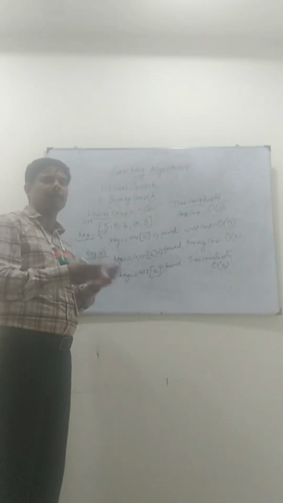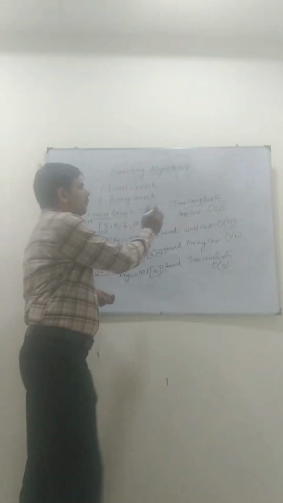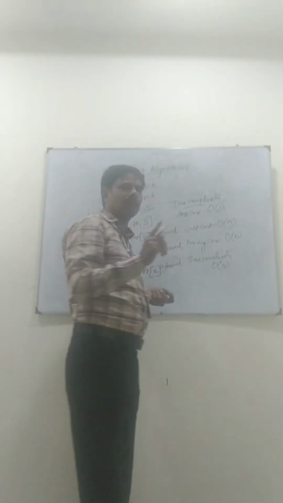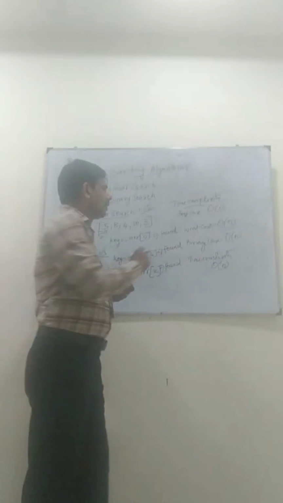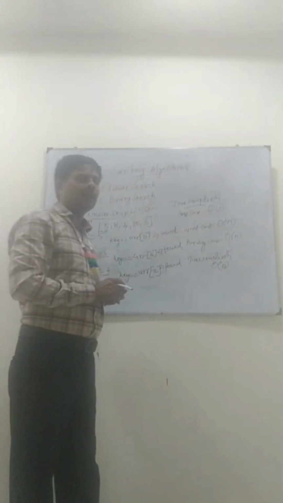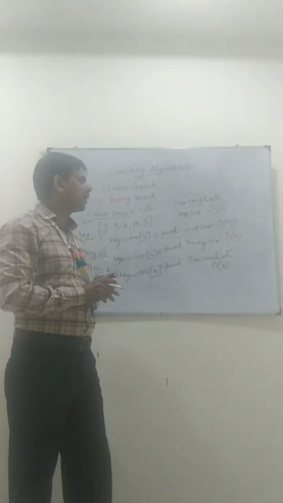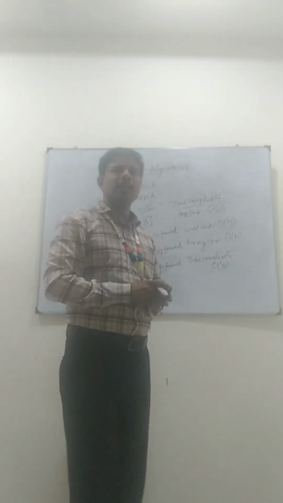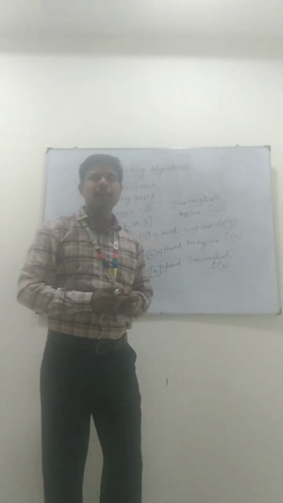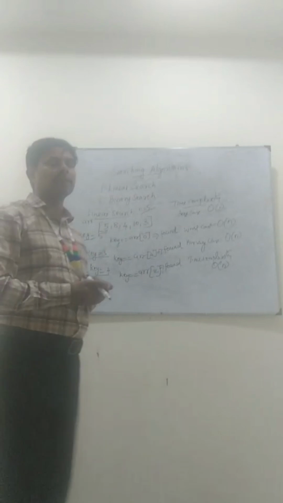Best case means big O of 1, since only one iteration is needed. Worst case means big O of n iterations. Average case means approximately n iterations. Therefore, commonly we can say the time complexity of linear search is big O of n.